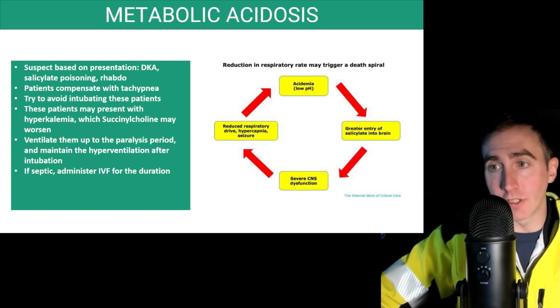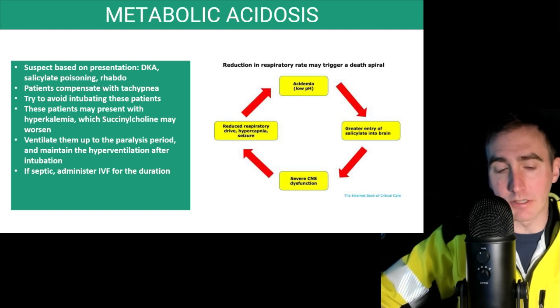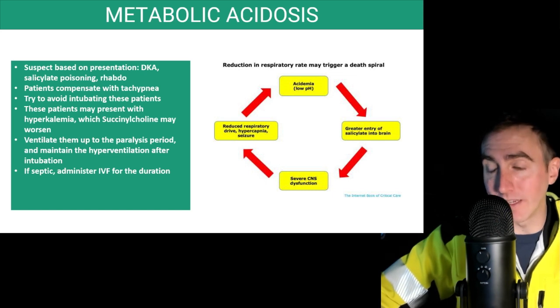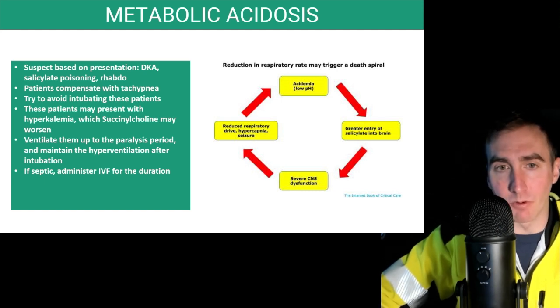Again, you want to try to avoid intubating these patients if at all possible, because to correct the metabolic acidosis, it's going to take a long time and not something that we're going to be able to immediately correct. The best that we can hope for is to try to maintain the compensation that the patient's maintaining as well as possible while we try to perform the intubation.